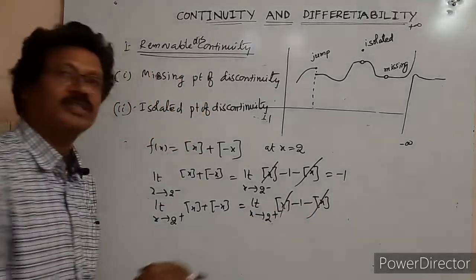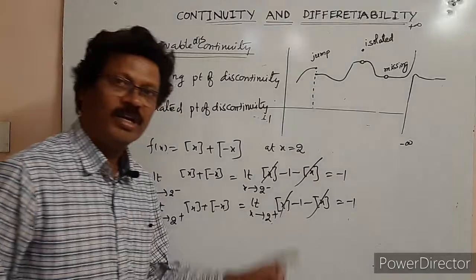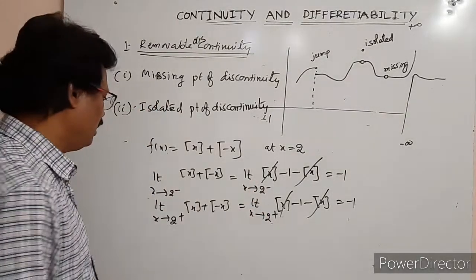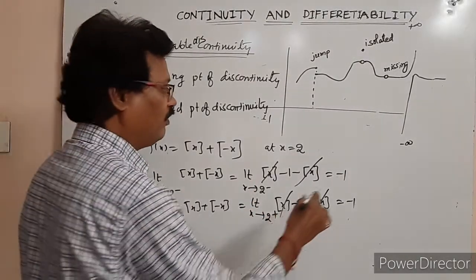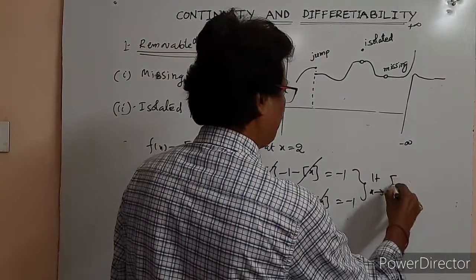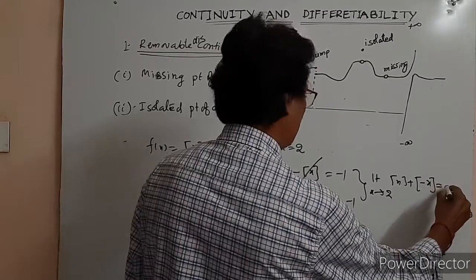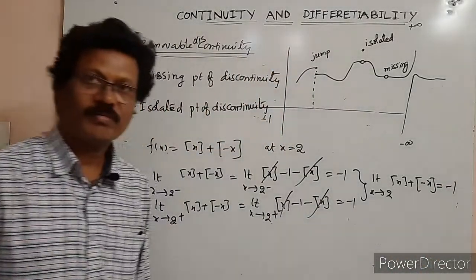Therefore this will be cancelled, and we got the limit minus 1. Therefore at x is equal to 2, the limit exists and is equal to minus 1.